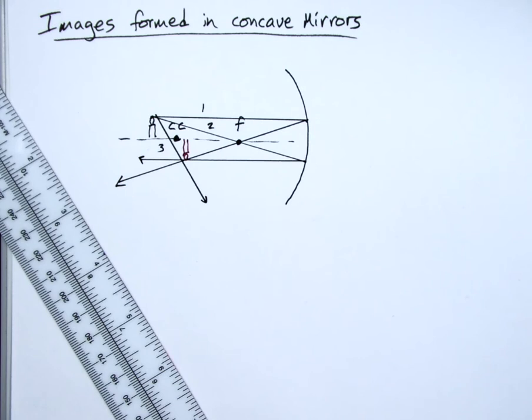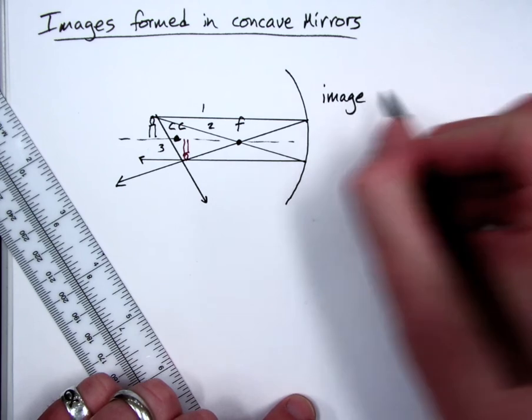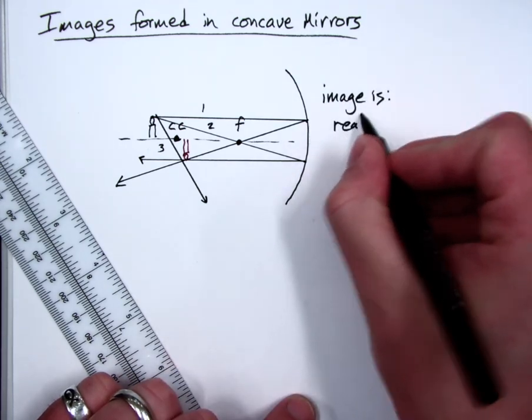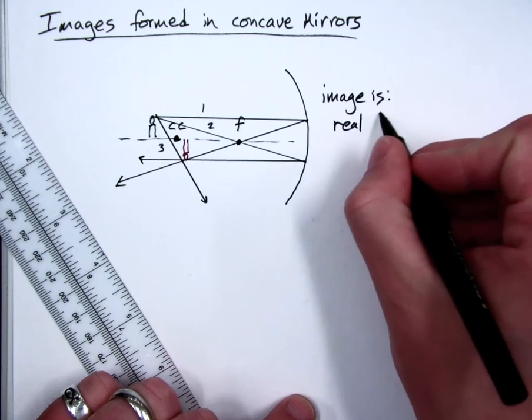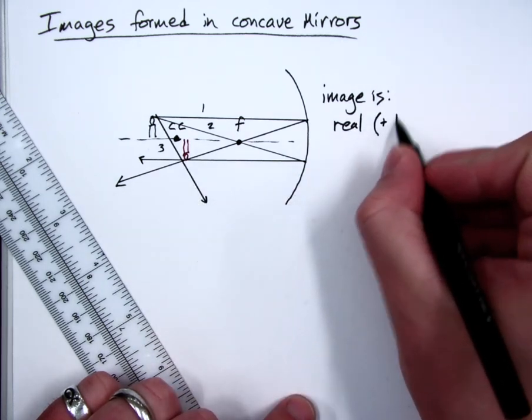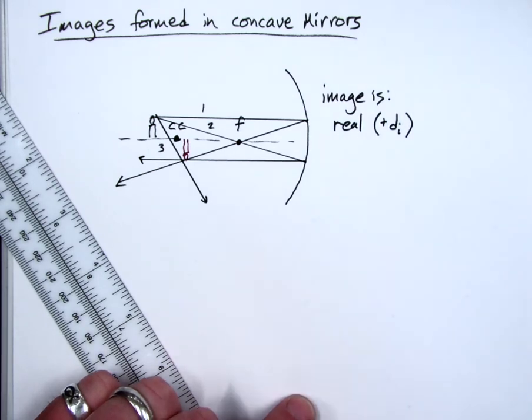If I want to describe this image, I can describe it in three ways. The image is a real image. This means that it is on the same side of the mirror. It has a positive image distance. If we had a negative image distance, it would be on the other side of the mirror and it would be virtual.